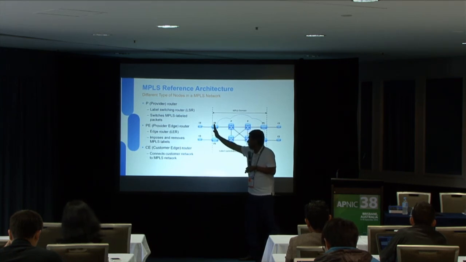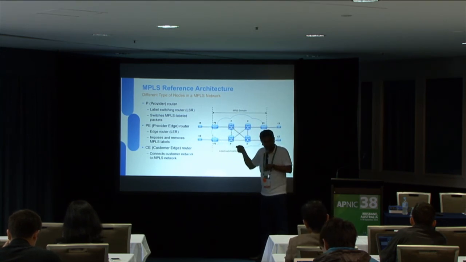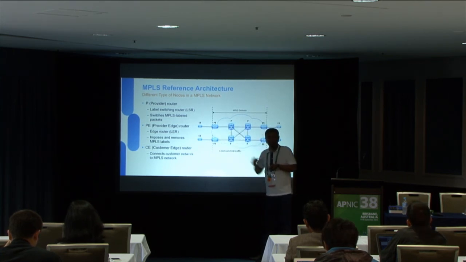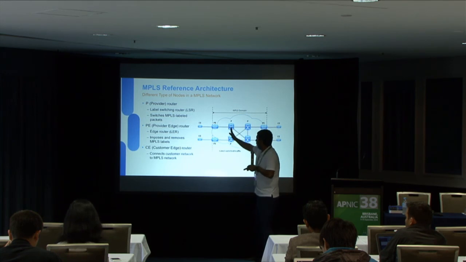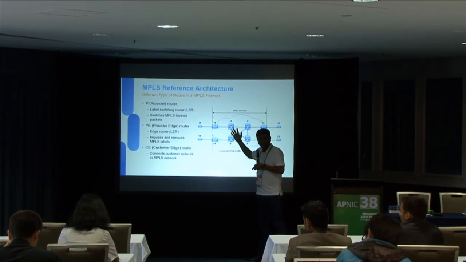Then when that labeled packet goes to this router, it just checks the incoming label, and for that incoming label, what is the outgoing label? It finds it from the label forwarding information base. Right? So on all the routers, when they are forwarding the packet, they are not checking the routing table at all.